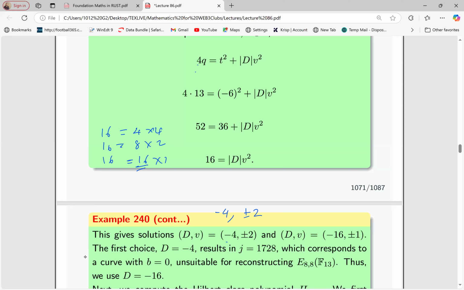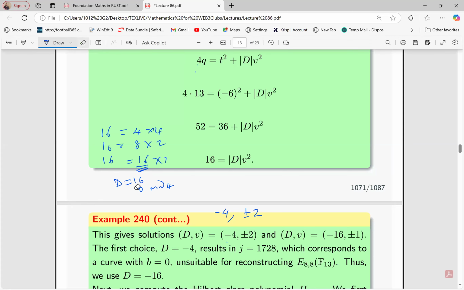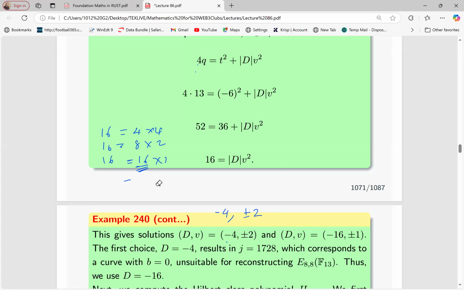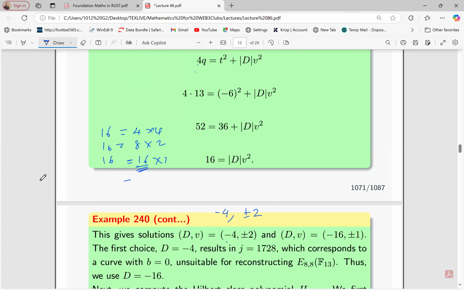I can disqualify this because, for instance, D cannot be 16 because there's no way 16 can be congruent to 0. No, it's possible. It can be 0 mod 4. So that could not be the reason to disqualify it, because it can be congruent to 0.